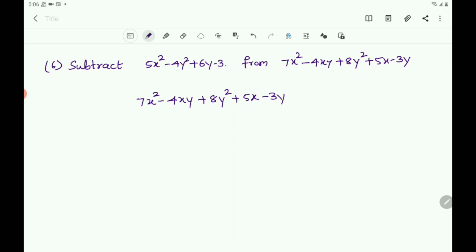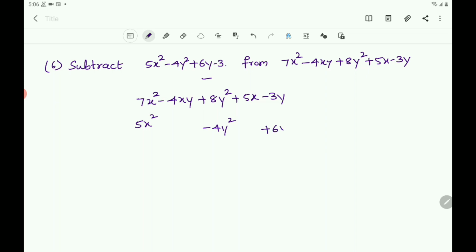Now you verify the like terms. First one is 5x square. So you write it below 7x square, you write 5x square here. Then minus 4y square is there, so you write minus 4y square below 8y square. And plus 6y is there, so you write that plus 6y below minus 3y.